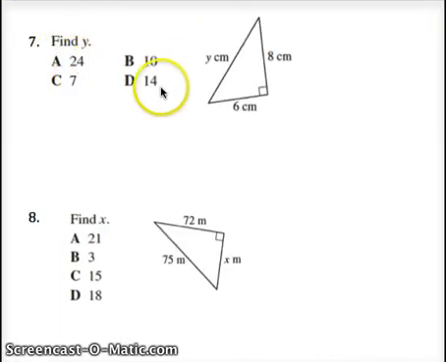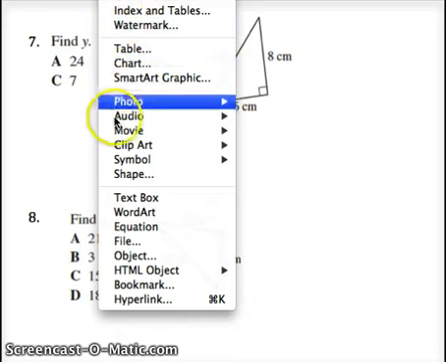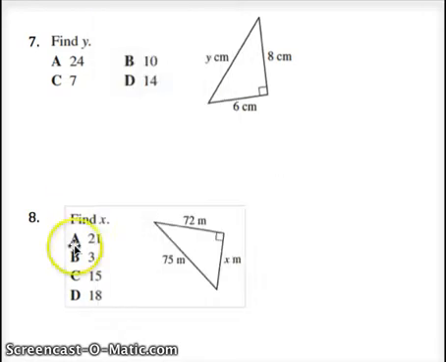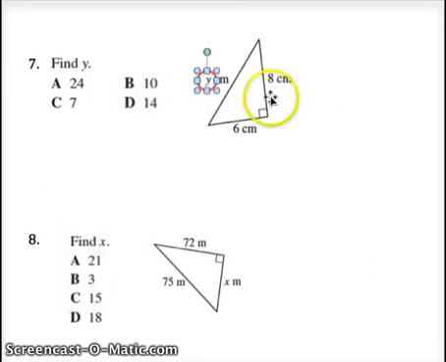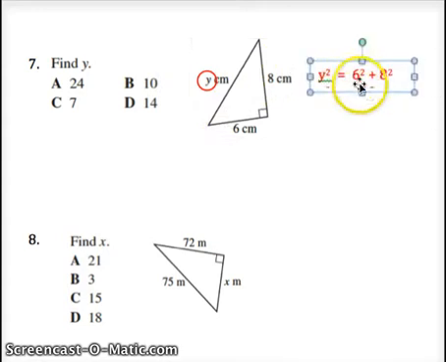Now for question 7, you're asked to find y. Again, y is the longest side, so we should put a circle around the y. I've circled the longest side, which is opposite the right angle. Now I've circled the hypotenuse, so we can write y squared equals 6 squared plus 8 squared. We can just work out 6 squared plus 8 squared on our calculator.